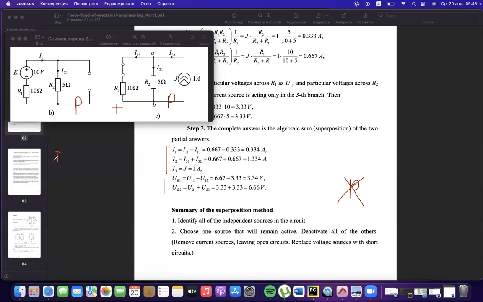Power is a quadratic function from current or from voltage. And you cannot apply superposition theorem for a quadratic function. You can apply this theorem only for linear functions.